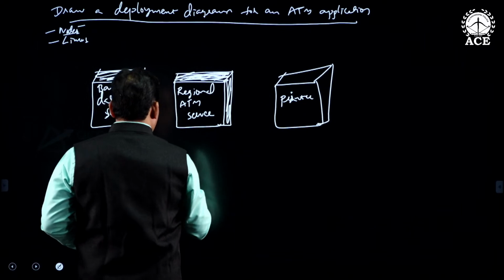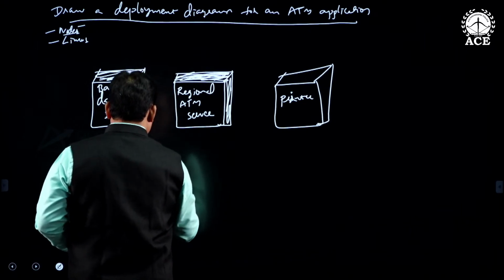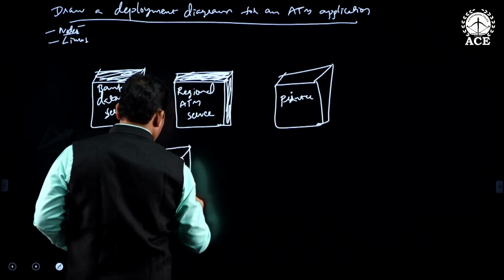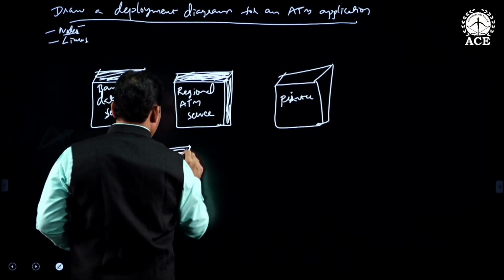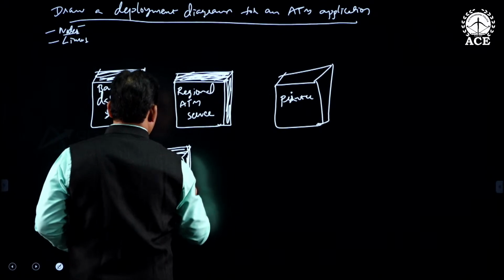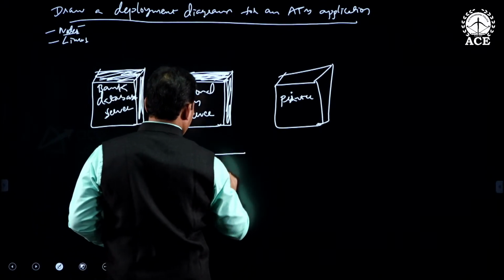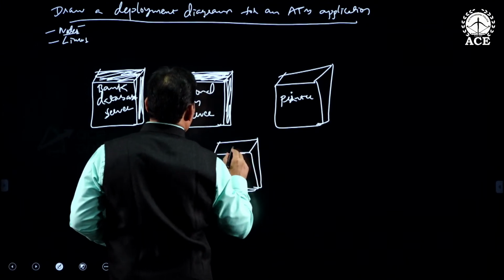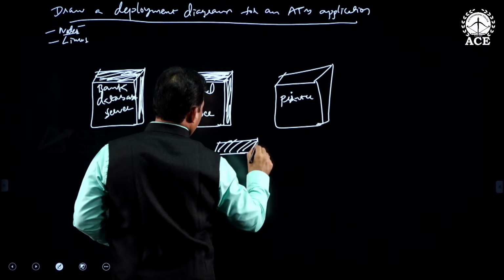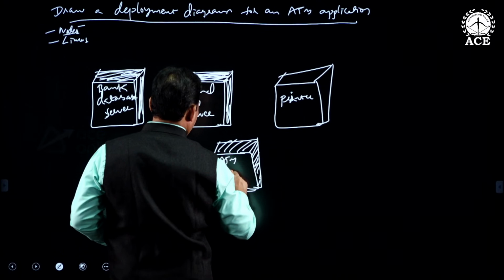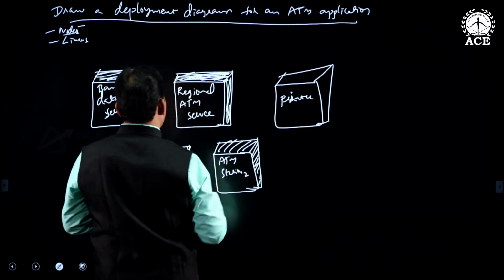Again here the regional ATM server consists of sub servers. This we call ATM station 1, and ATM station 2, which are sub servers of server 1 simply.